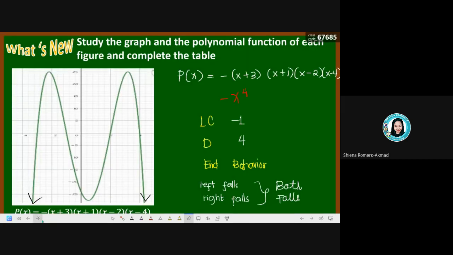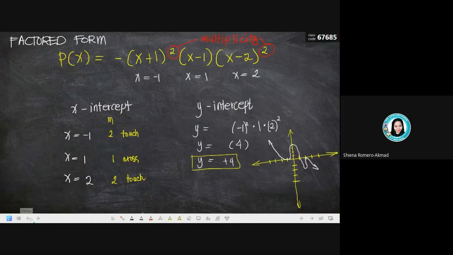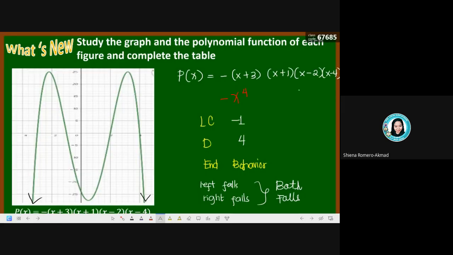Next. Ito naman. If you get the value of x here, alam ko na kung ano. Hindi na to need. Hindi na kailangan yung negative sign. So, ganun din dito. X equals negative 3. X equals negative 1. X equals 2. Bakit plus 2? X equals 4.